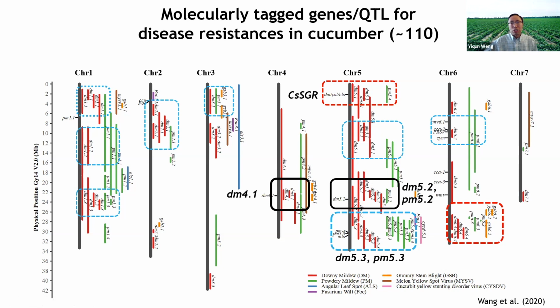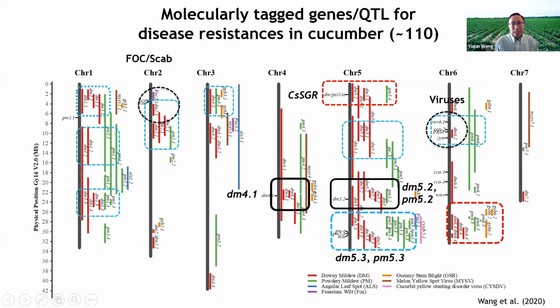There are some interesting things you can see. First, you can see the linkage of downy mildew and powdery mildew resistance from their localization on the chromosomes, which is true because cucumber breeders have seen this for a long time. When you are developing a variety with downy mildew resistance, it also has powdery mildew resistance. Also, there is co-localization of the Fusarium wilt, scab resistance and the virus resistances.